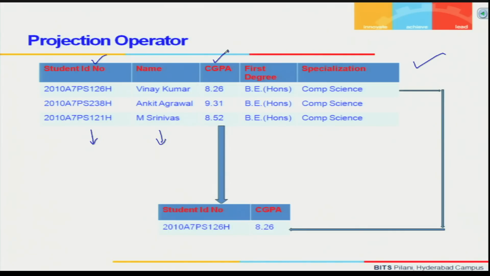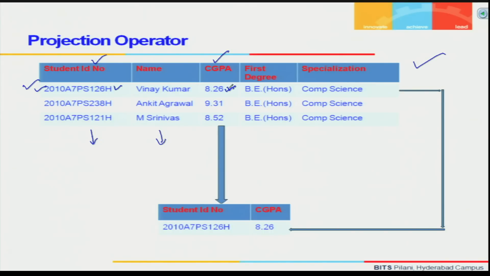Then this particular operator is defined like, go to this relation and take only the elements of student ID number and CGPA and put them in the resultant relation, and don't consider any other data for this particular tuple. Take only the student ID number and CGPA and ignore everything else.